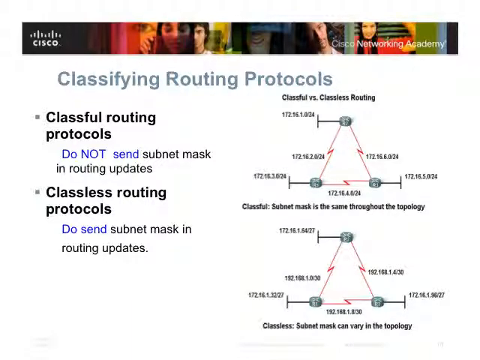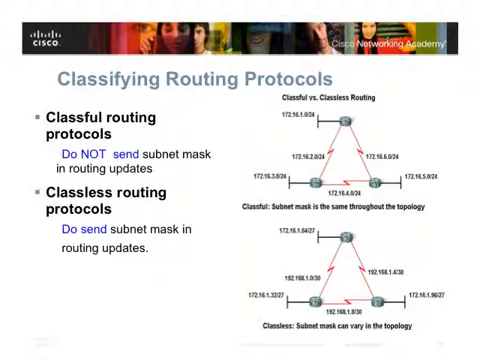Similarly, routing protocols were divided into classful routing protocols and classless routing protocols. For classful routing protocols, the IP address itself indicates the class, so there is no need to communicate the subnet mask. In other words, the routing protocol messages will not have to contain any information about the subnet mask, because the IP address itself indicates the class.